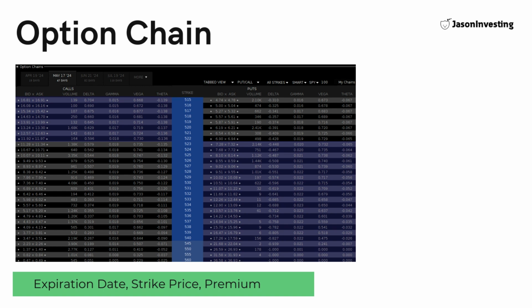A 0.5 delta would be roughly where the market is trading. For the call option, 0.5 is about 527, but for the put, the 0.5 delta is at 526. So we can be reasonably sure that the price of the underlying at the time I took the screenshot is about 526 to 527.